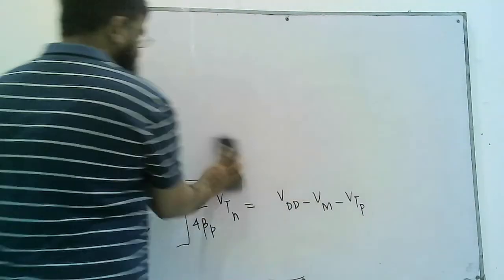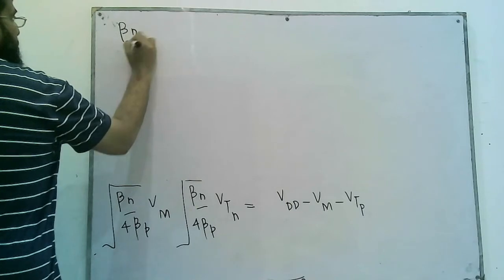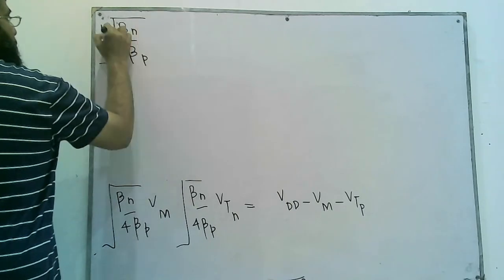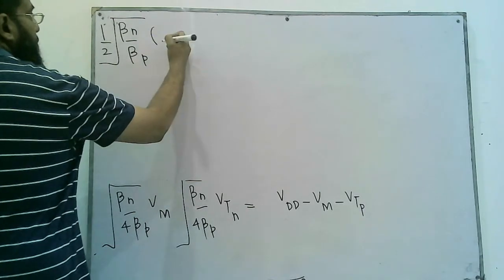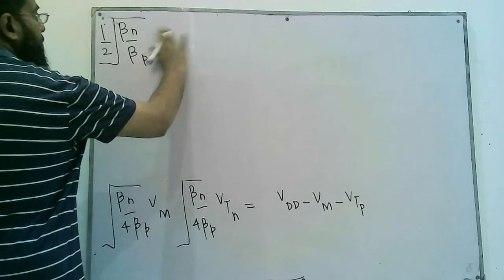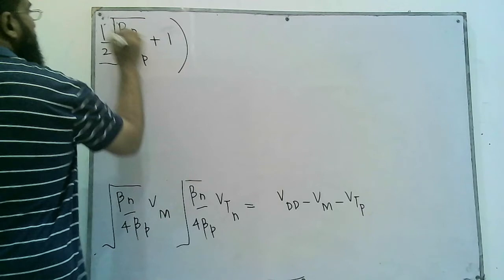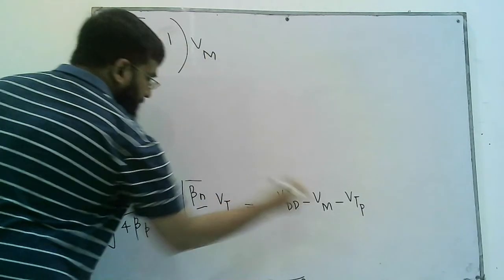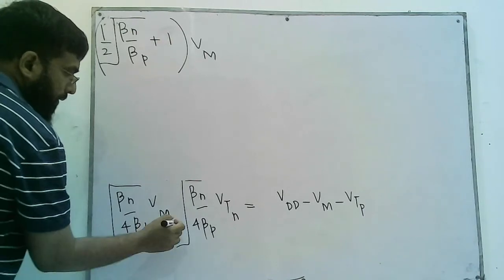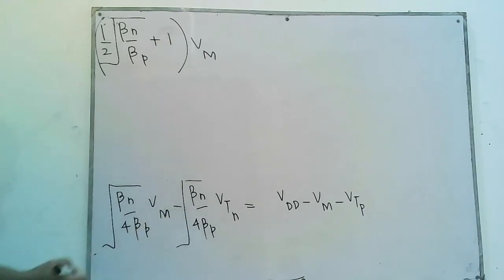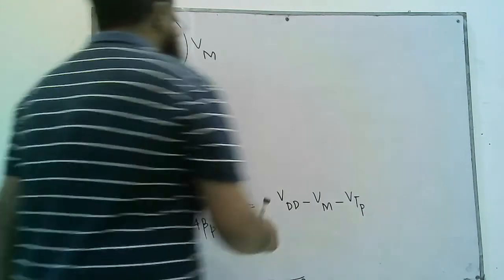The square root of 1 over 4 is 1 over 2, so the Vm terms combine as Vm times (1 plus the square root term). I've taken this Vm to this side of the equation, and we can take the other terms to the other side.